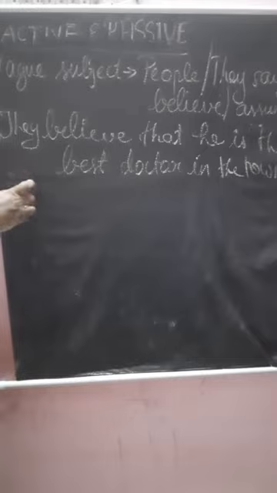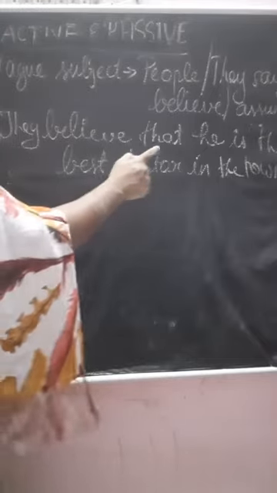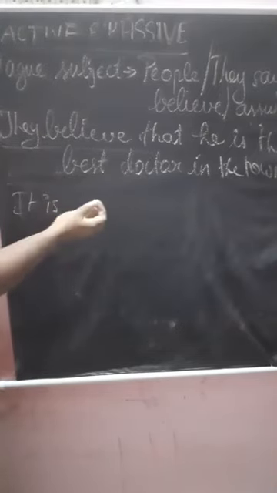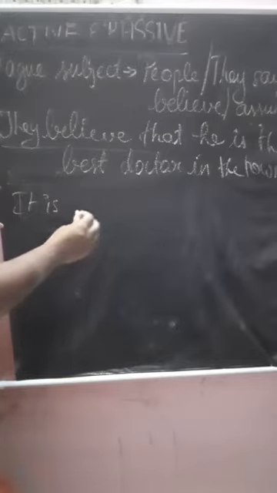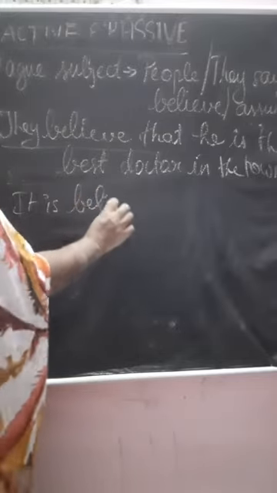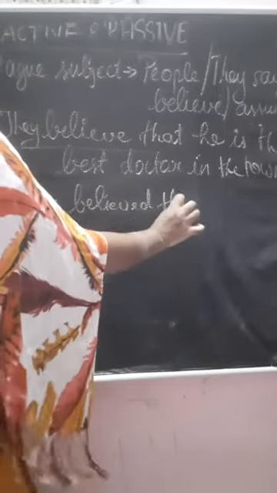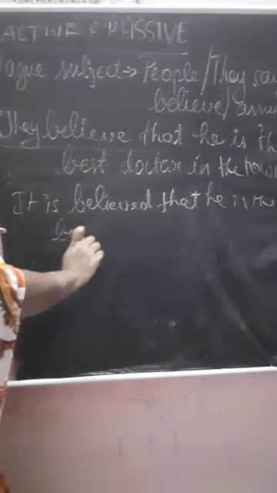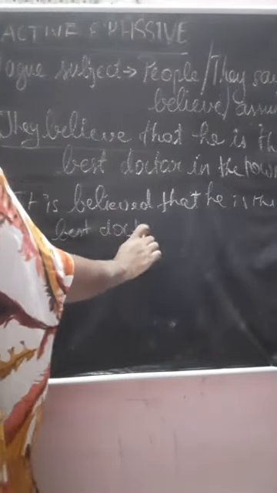Similar example. They believe that he is the best doctor in the town. Now change it into passive. What do we have to do? We have to change it into "it is believed that". The rest of the sentence stays as it is: he is the best doctor in the town.